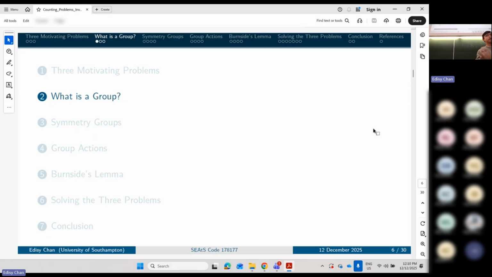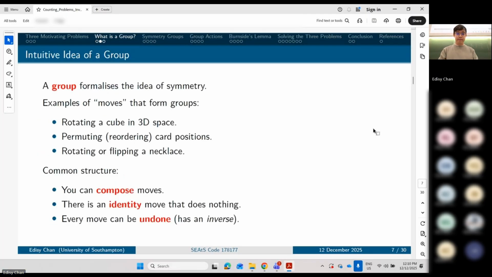Is anyone here or in chat who knows what a group is in mathematics? No? Okay, I assume no, and it's okay. I will give you the precise definitions, don't worry.